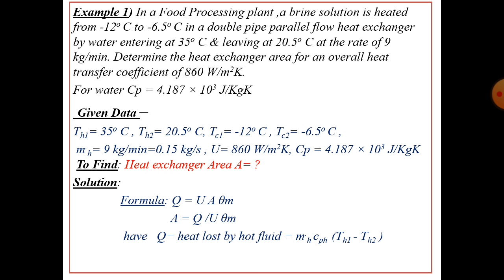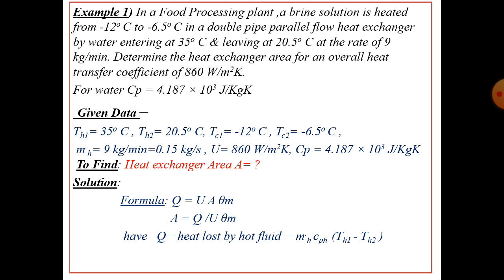It means mass flow rate of hot fluid is given as 9 kg per minute. While solving the numericals, we need the mass flow rate in the unit kg per second. So we need to convert kg per minute into kg per second.